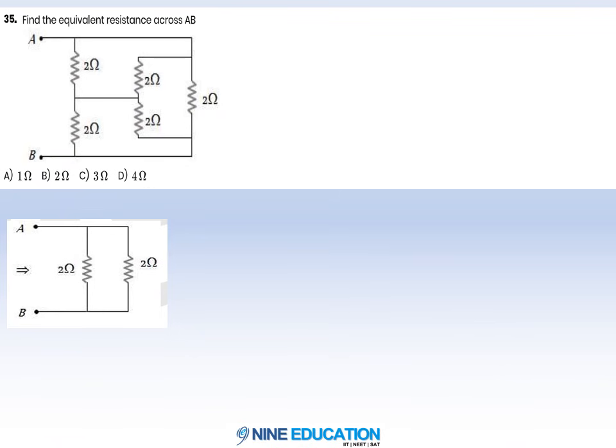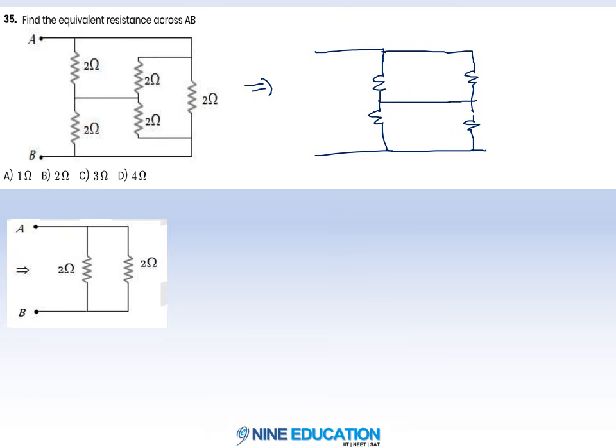So in this question, we have to find the equivalent across A and B. So we can redraw this circuit like this. A, B. This is 2 ohm, 2 ohm, 2 ohm, 2 ohm.